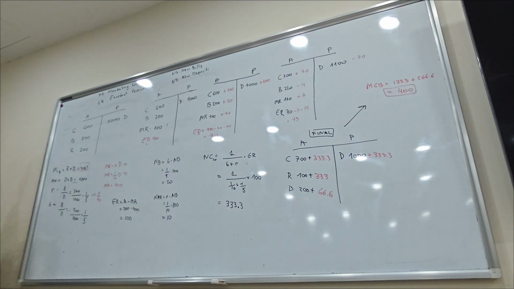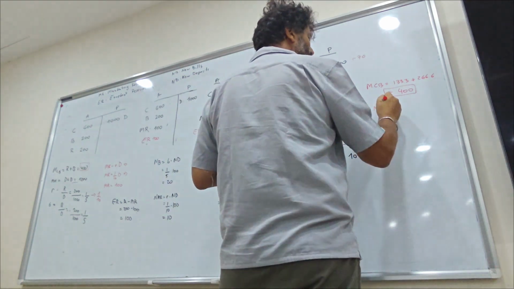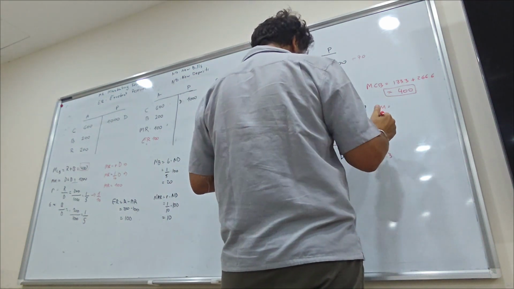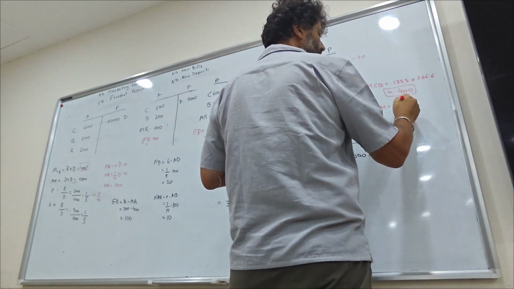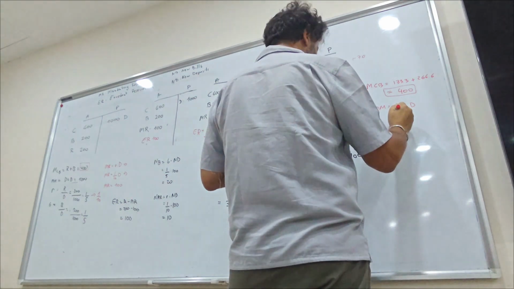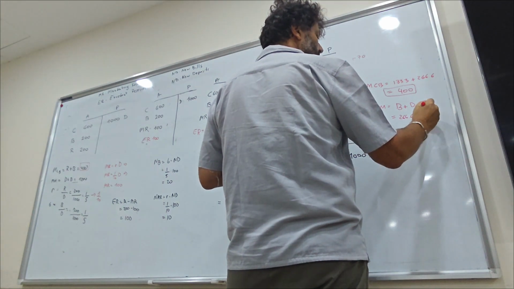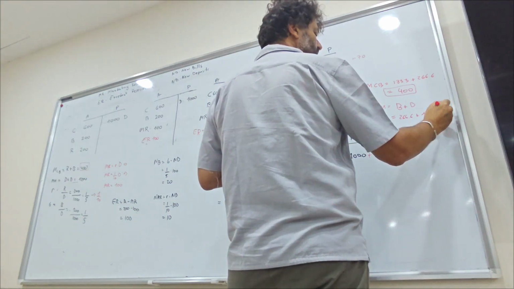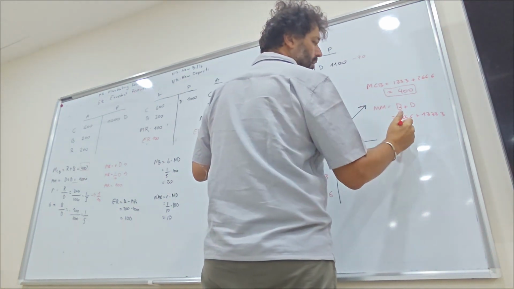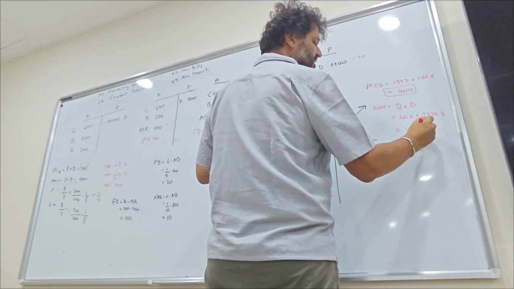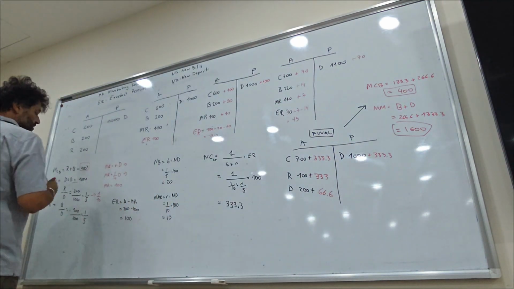400 there, 400 there. The monetary mass here is equal to bills plus deposits. It's equal to 266.6 plus 1,333.3, which will make 1,600. How much was the initial monetary mass?